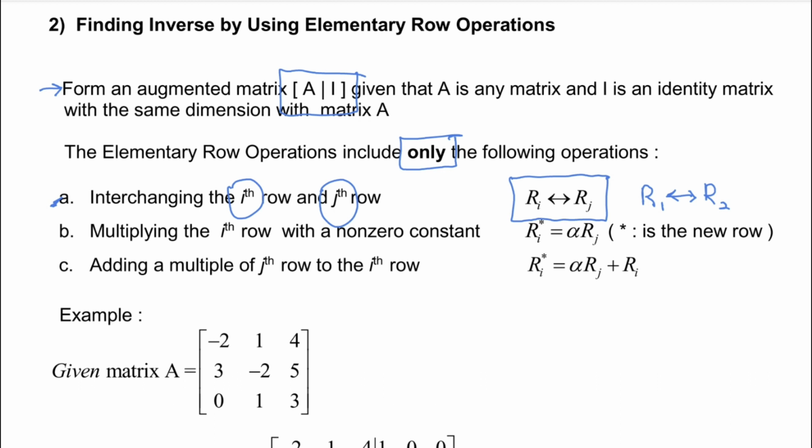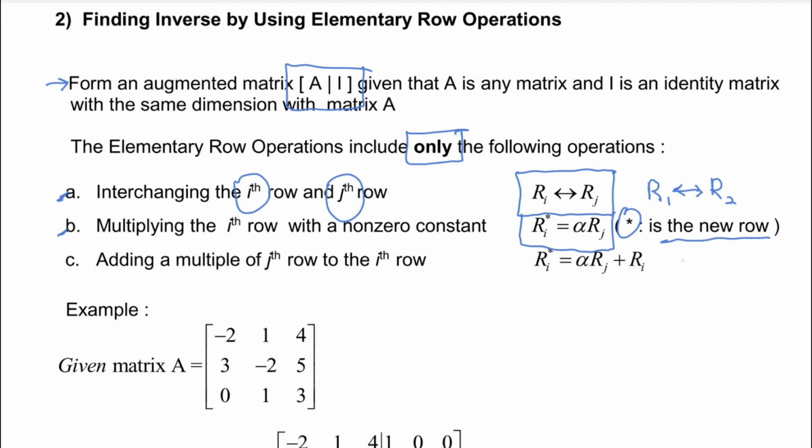The second operation is multiplying the ith row with a non-zero constant. For example, like this. The meaning of the star is the new row. Let's say you want to find row 2 star, meaning you want to form a new row which is row 2 that has all new elements.